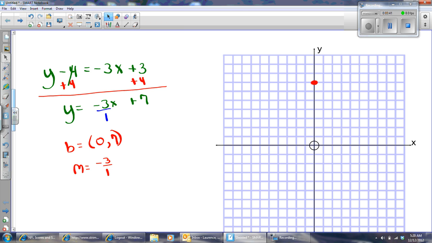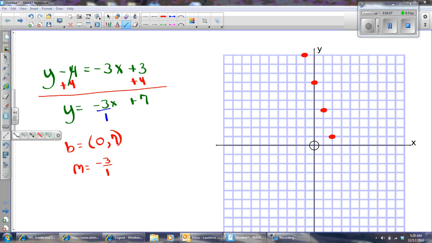and go down 3, 1, 2, 3, and then right 1, because they're both not negative. Only one of them is. Okay? I could go left 1 and up 1, 2, 3, but I can't make them both negative because they would both cancel out and turn into a positive, and I have a negative number. So I'm going to go down 1, 2, 3, and right 1, and there we go.